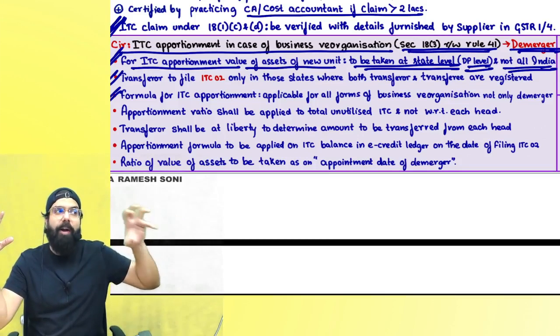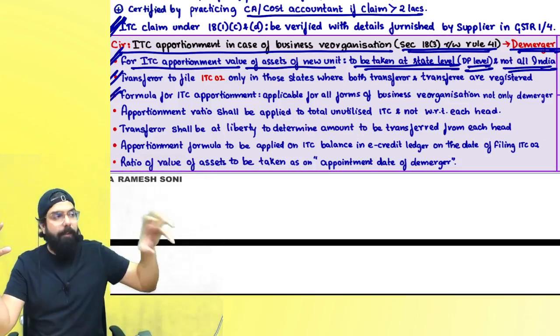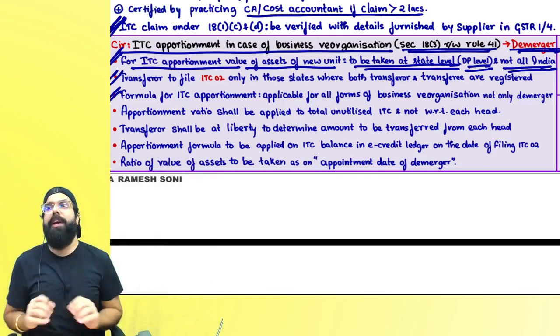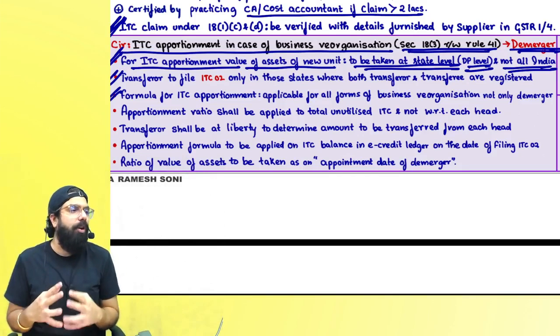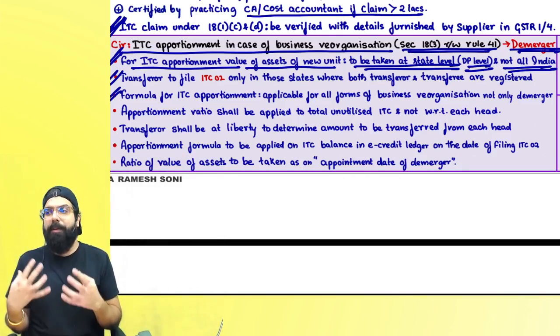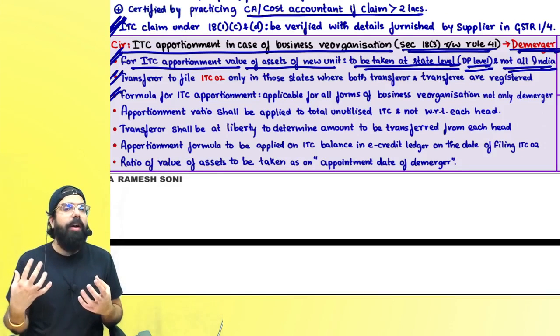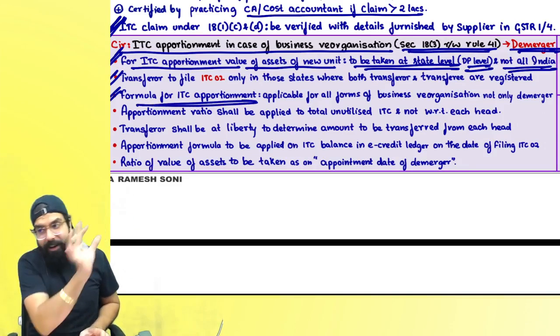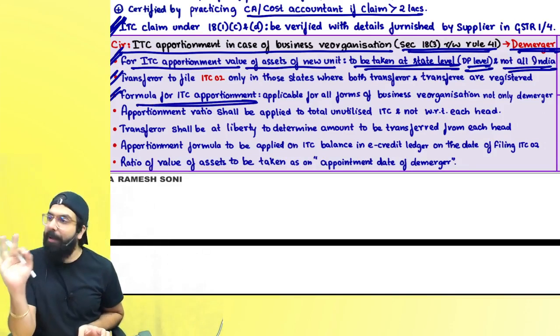Then how much part you have transferred to someone else, that much ka asset ratio mein basically you can transfer the credit also. The formula of apportionment on the basis of asset ratio is not applicable only for demerger.